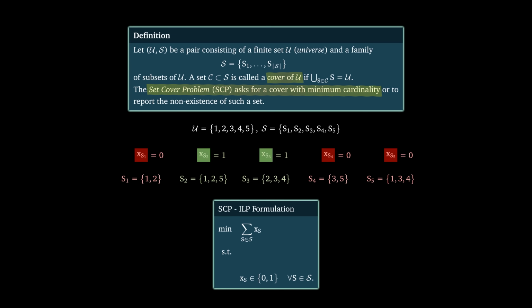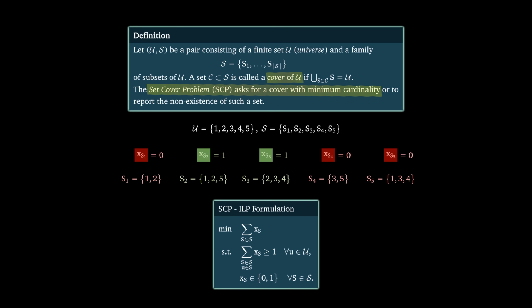Furthermore, we also need constraints that ensure that our solution actually covers every element in the universe. These constraints look like this. They ensure that for every element u in calligraphic U, the sum over all variables whose corresponding sets contain u must be at least 1. In other words, for any given element u from the universe, at least one of the selected sets must contain u.